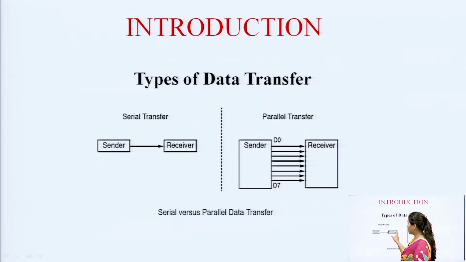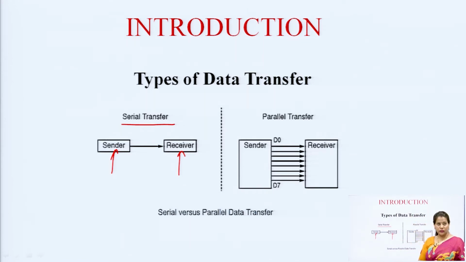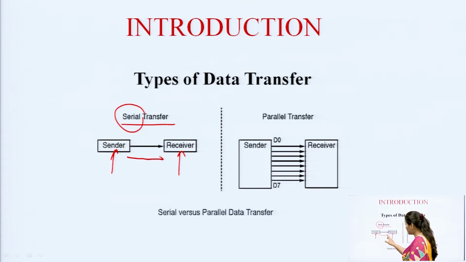When we are talking about serial data transfer, obviously it is the data transfer between two terminals, one of them is the sender and another is the receiver. But in serial transfer, bits are sent serially from sender to receiver. Serially means one bit at a time, bit by bit transmission is done.